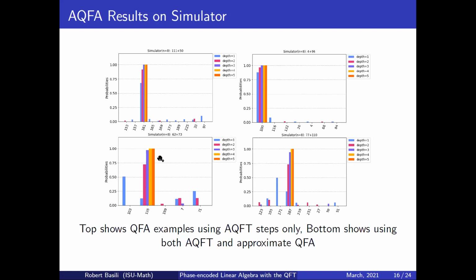Now, one generally expects the optimal level to do the approximation is at log 2 of the number of qubits. So since we're doing n equals 8, that means that we expect depth 3 to be the most efficient choice. And as we can see, that remains pretty consistently true in either case.